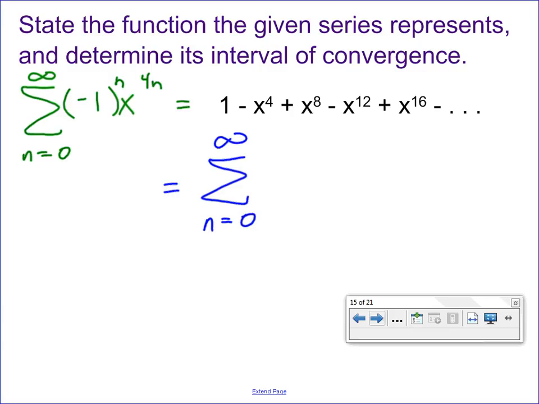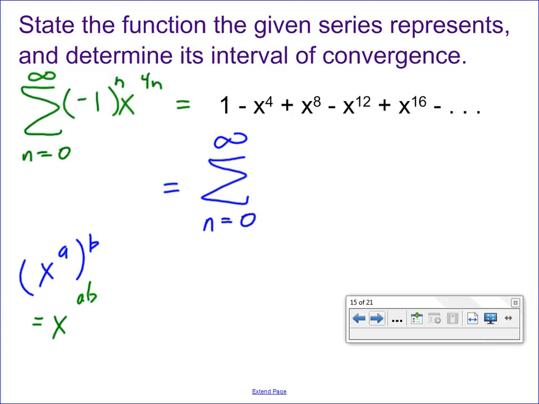So that would really be -1 times x to the fourth, which is negative x to the fourth, all to the n. We can regroup that because when we take a power and we raise it to a power, what do we do with the exponents? Multiply them, and so this is really x to the fourth all to the n. And so I have -1 to the n and x to the fourth to the n.